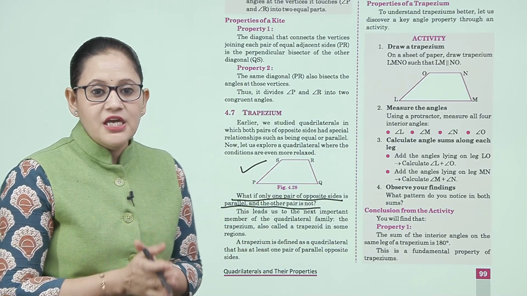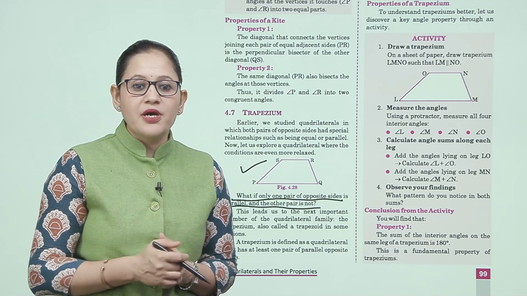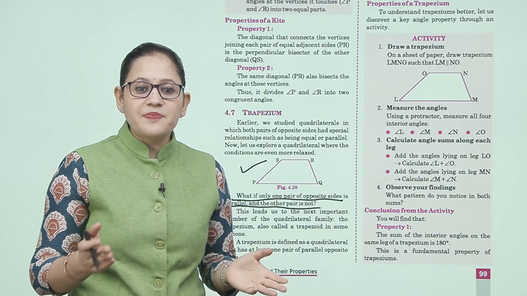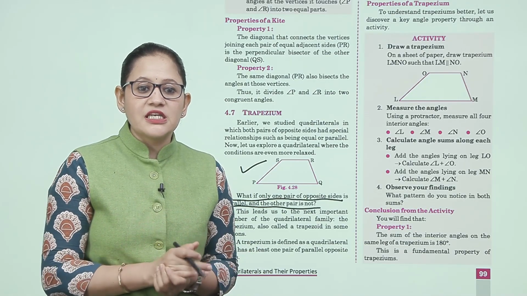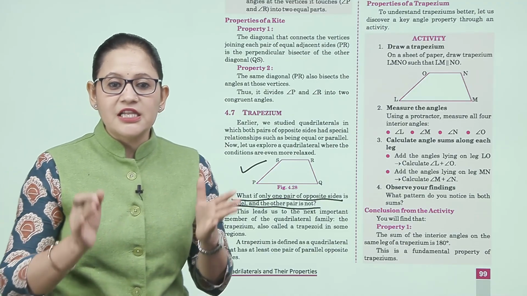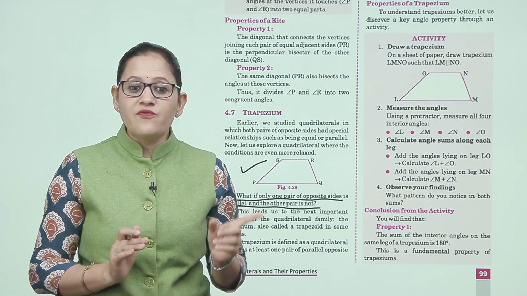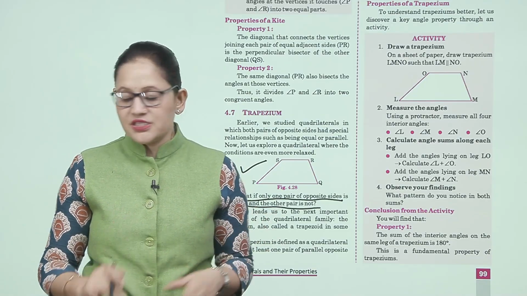and the other pair is not? That led to the next important member of the quadrilateral family, the trapezium, also called the trapezoid in some regions. The trapezium is defined as a quadrilateral that has at least one pair of parallel opposite sides.